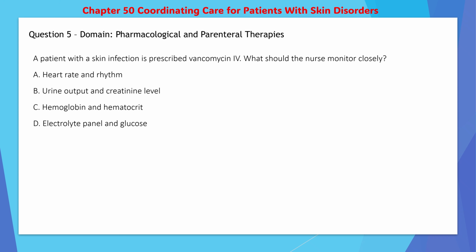Domain, pharmacological and parenteral therapies. A patient with a skin infection is prescribed vancomycin IV. What should the nurse monitor closely? Heart rate and respiratory rate, urine output and creatinine level, hemoglobin and hematocrit, electrolyte panel and glucose.